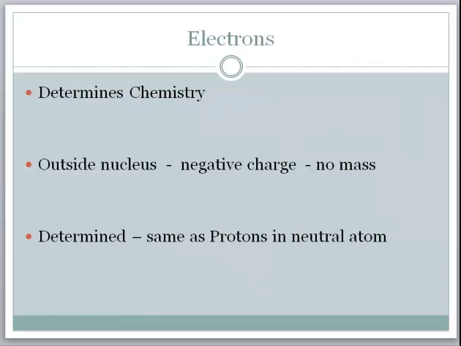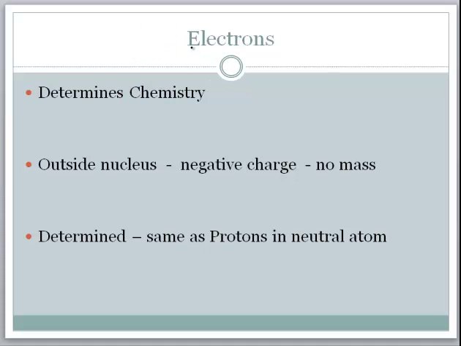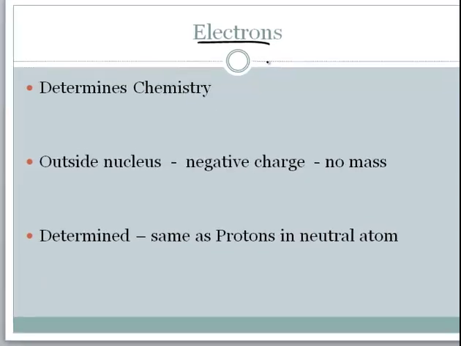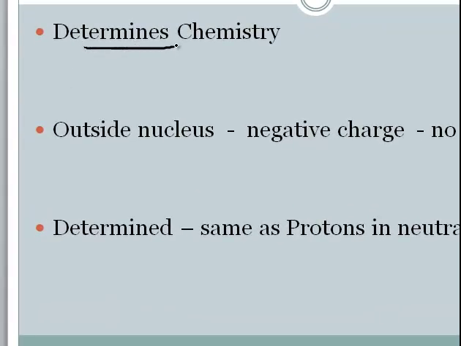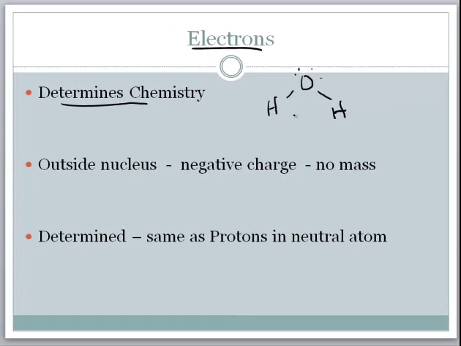Alright, let's take a look at our third subatomic particle, the electron. Now for us, the electrons are going to be arguably the most important, and the reason is the electrons determine the chemistry. So when atoms bond together, for example, when hydrogen bonds with oxygen and another hydrogen, the things that keep these 2 atoms bonded together are the electrons being transferred.